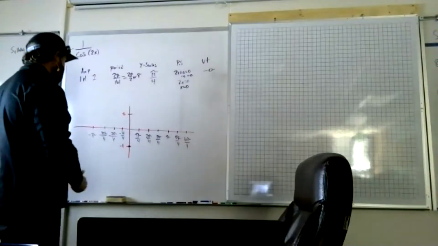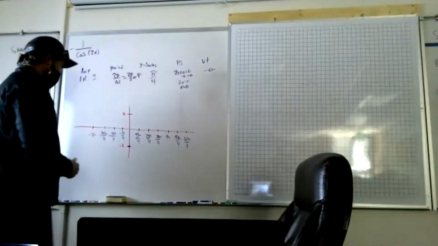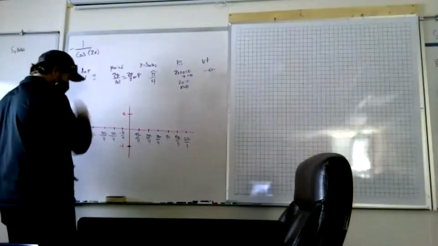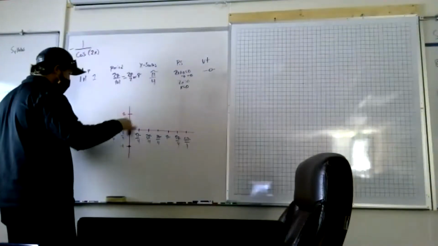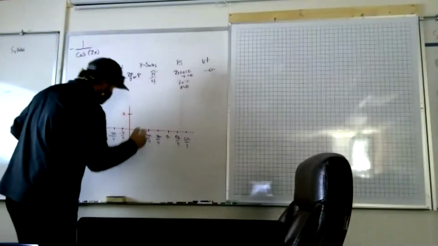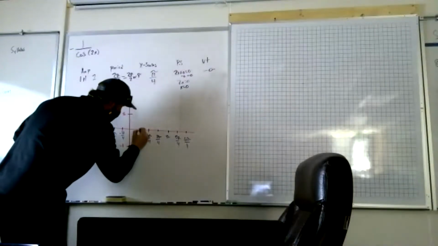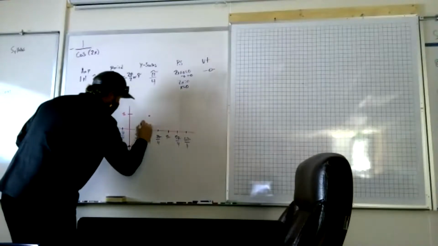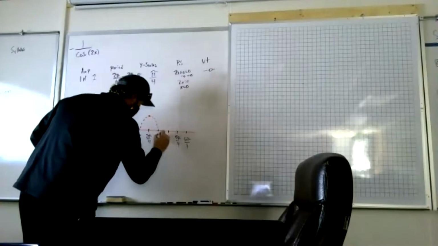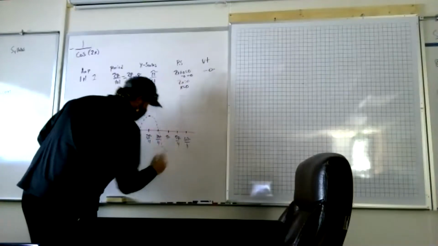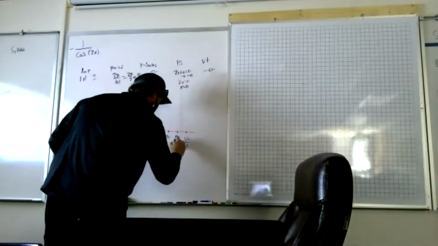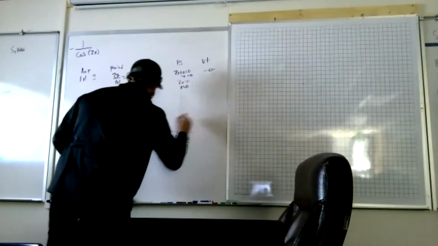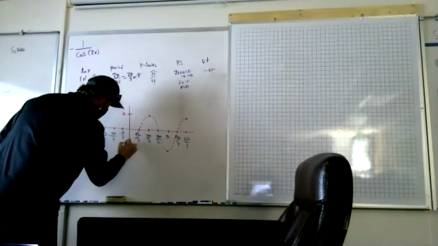Okay, well, cosine starts at its amplitude, and then it goes towards its x-intercept. So I'm going to dash what I think a cosine graph would look like. Okay, and I'm going to draw it just like that. And you can see the dashes.